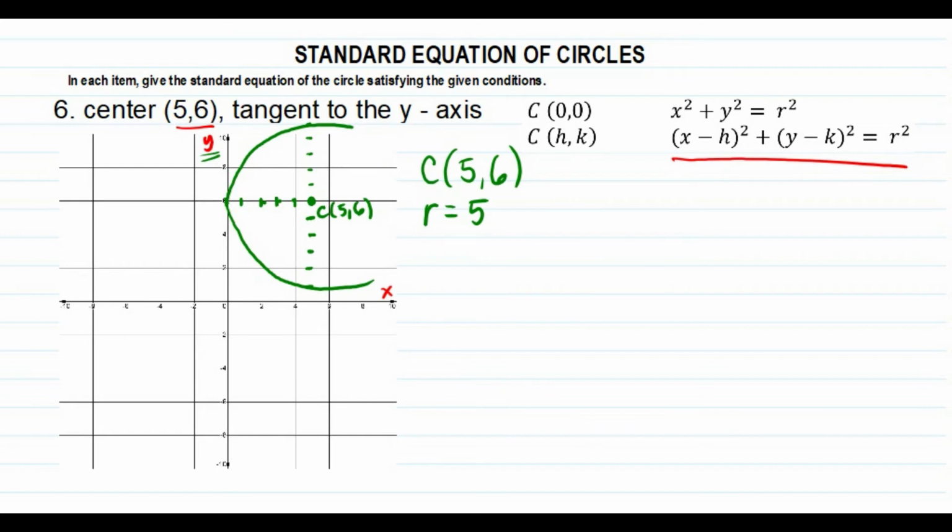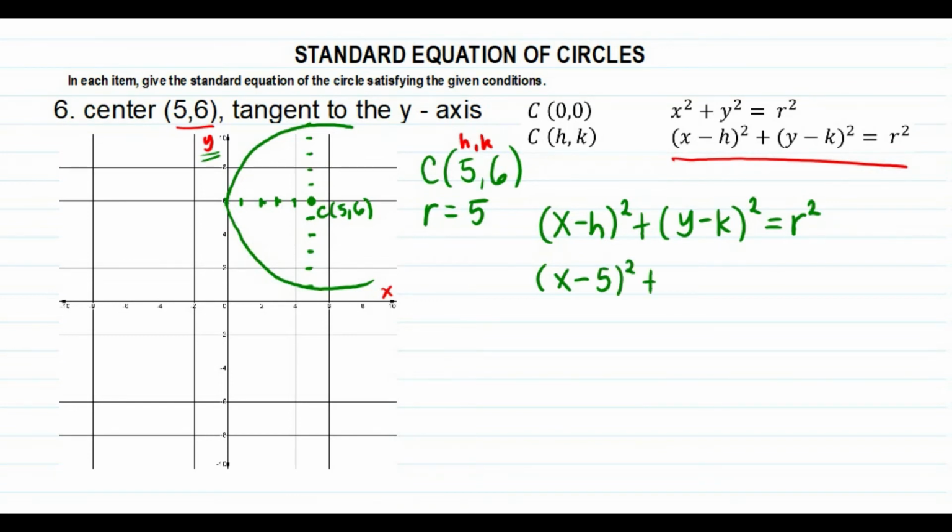Since nakuha na natin yung details na hinahanap natin, let's write the equation. And substitute. X minus 5 squared plus y minus 6 squared. R is 5 squared.